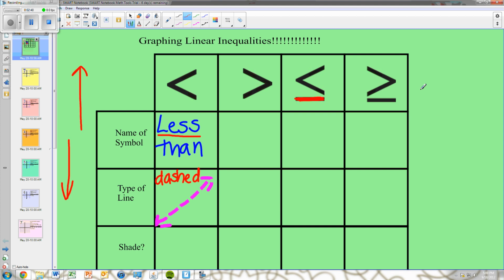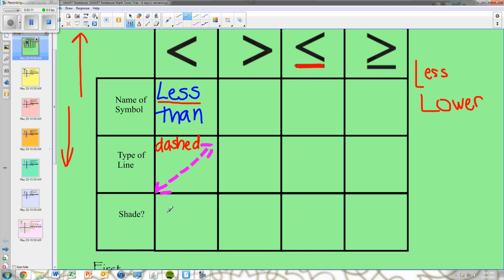If we see the word less, then we need to shade everything that is lower. So for our shading, we are going to shade down. We're going to shade everything that's below. You may want to write the word below in there.